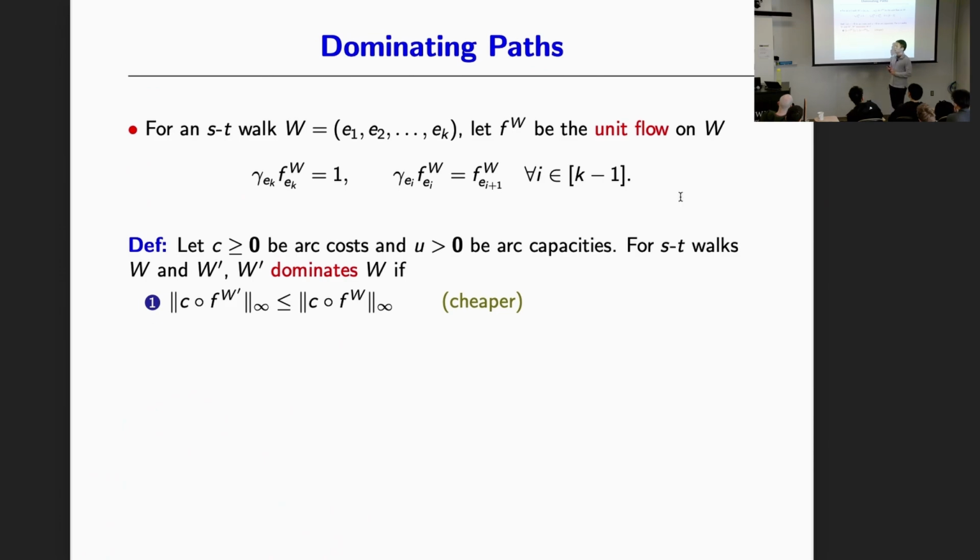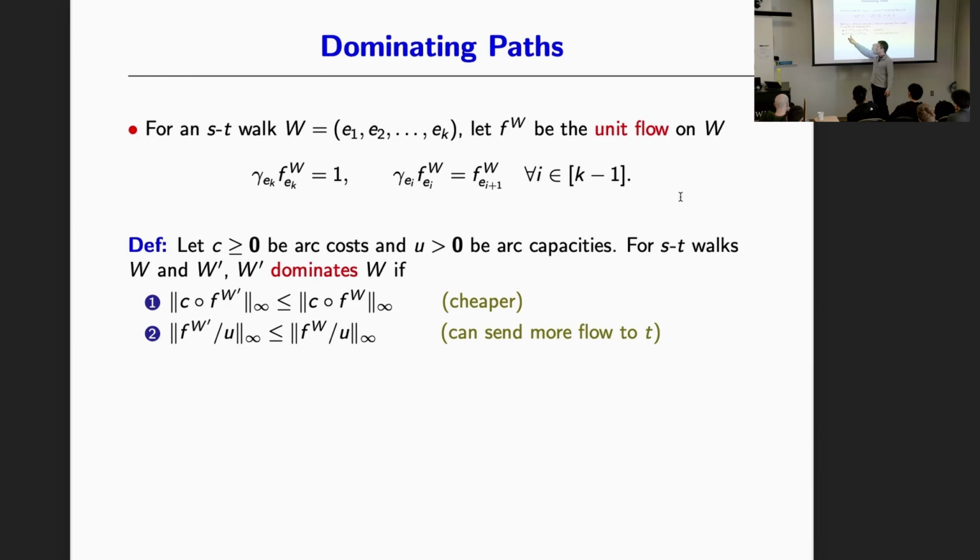That's criteria number one. Criteria number two is I can send more flow to T on W prime compared to W. So what's the maximum amount of flow I can send? It's this ratio, again a Hadamard ratio. You take the coordinate-wise ratio of the corresponding entries of the two vectors. So this tells you what's the arc with the maximum usage, and that will be the bottleneck arc that determines the maximum amount of flow you can send on that walk.